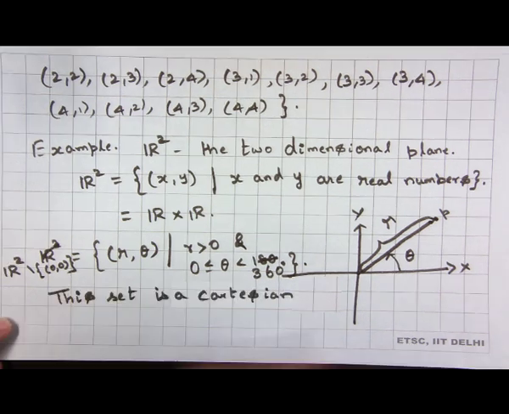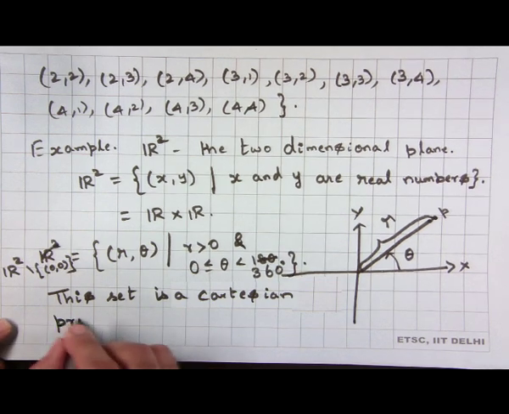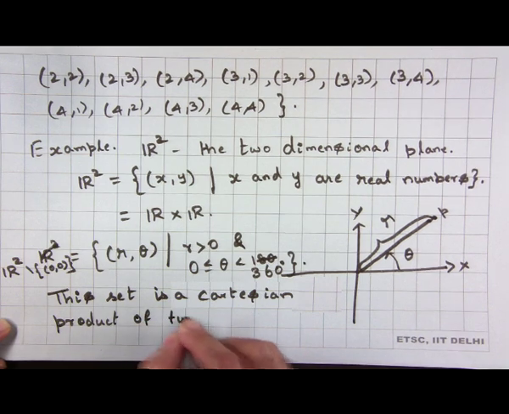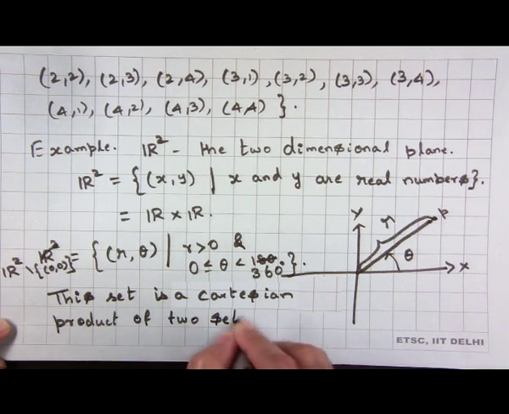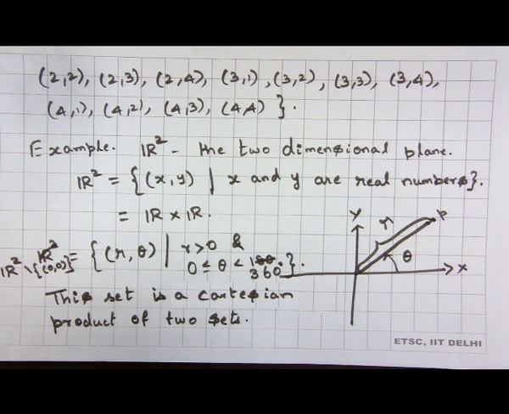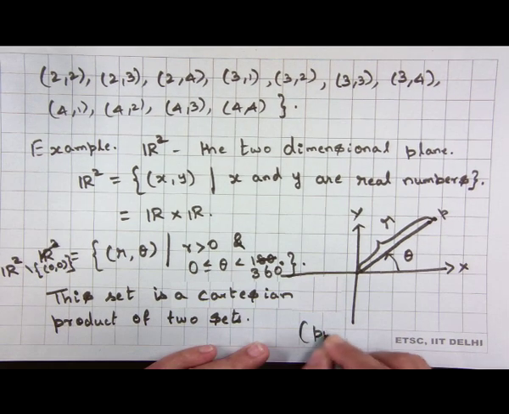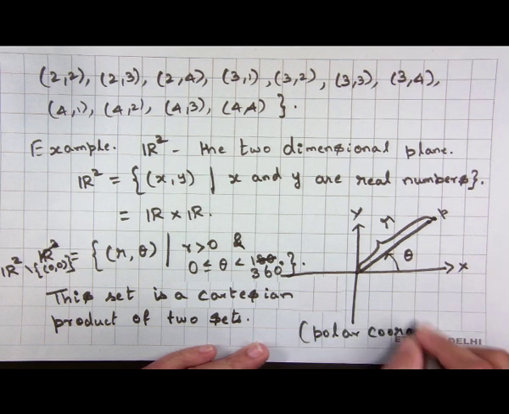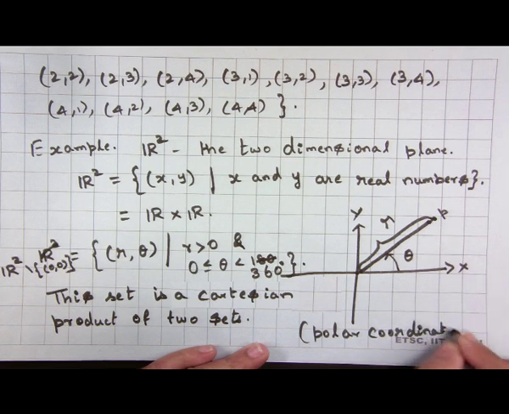But if you look at this one, this set is a Cartesian product of two sets. These are what are known as polar coordinates, which most of you must have seen in a course on geometry.